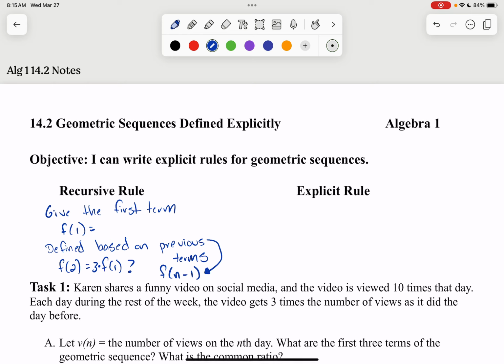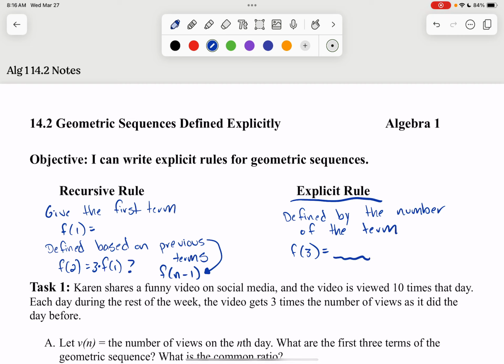Whereas an explicit rule is way more useful because it is defined by the number of the term, not by the previous one. So meaning if I want to find the third term, f of 3, it's going to be defined by a 3 in there.